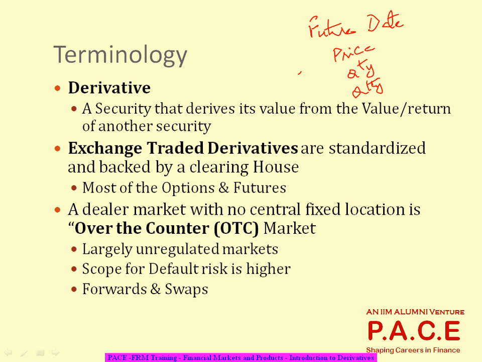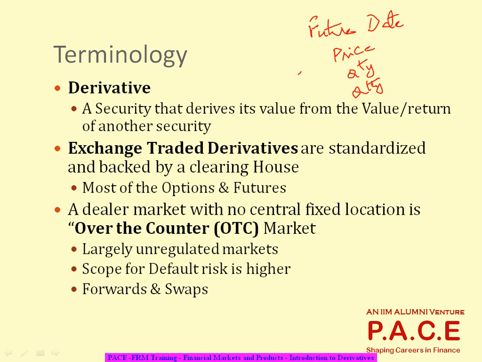The real buying and selling happens at a future date, but today we get into an agreement for that, which is the most common thing in a lot of activities right from the very early generations, like paying an advance and booking something.